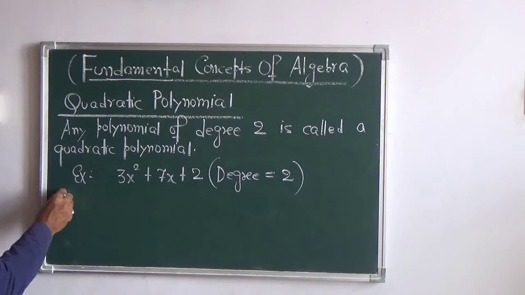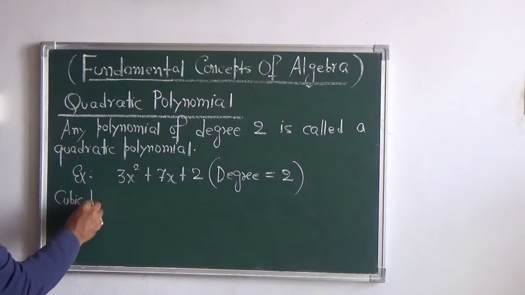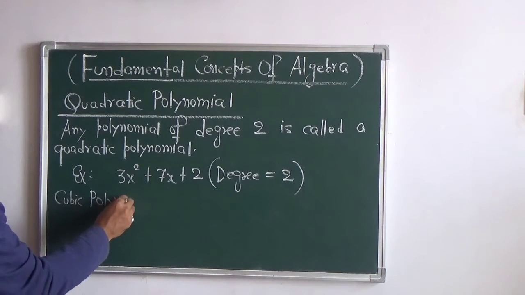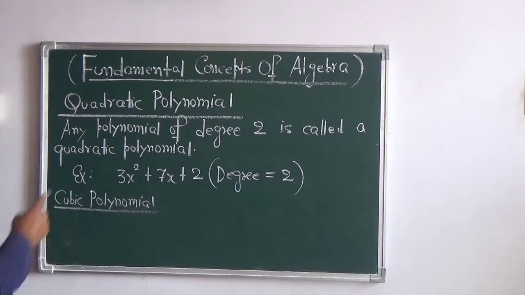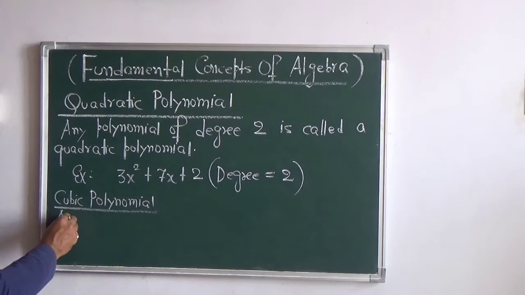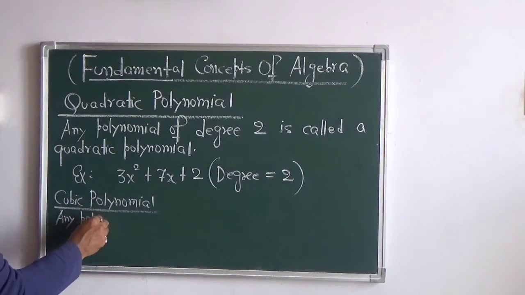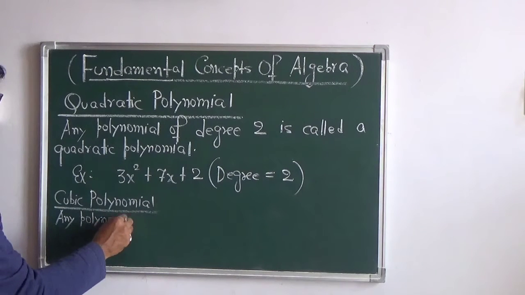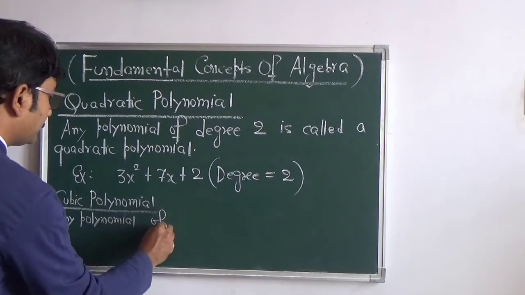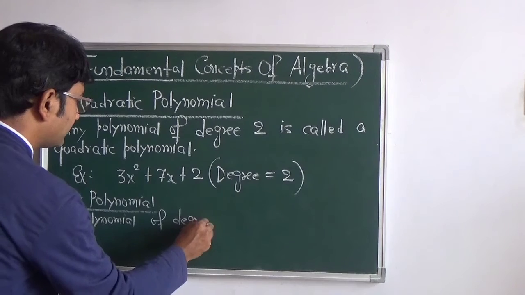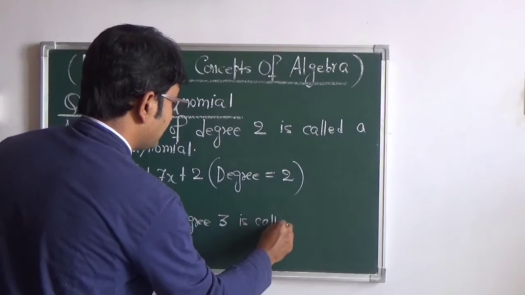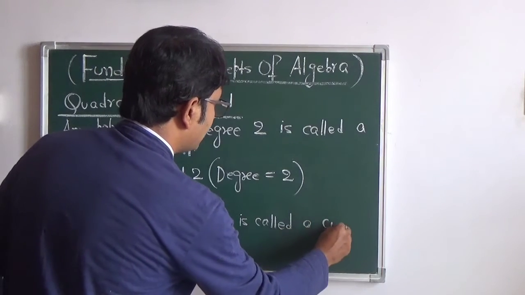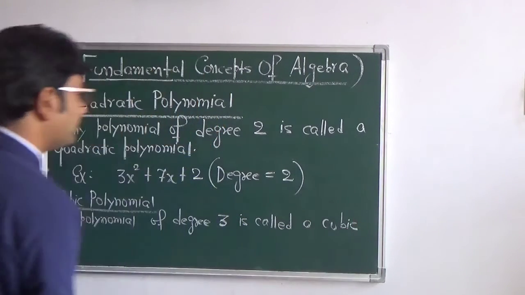Similarly, we can have a cubic polynomial. Cubic polynomial, any polynomial of degree 3. So we write any polynomial of degree 3 is called a cubic polynomial.